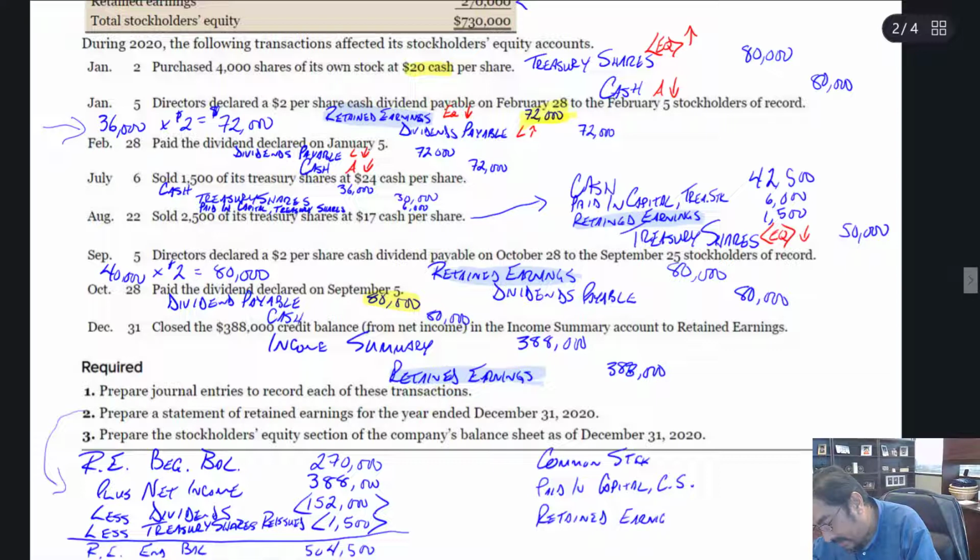Because the equity section is both the paid-in capital and the earned capital. Retained earnings we just calculated.